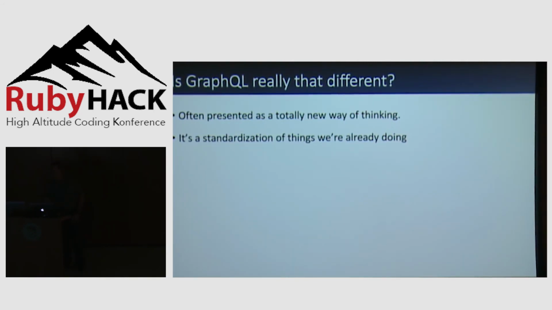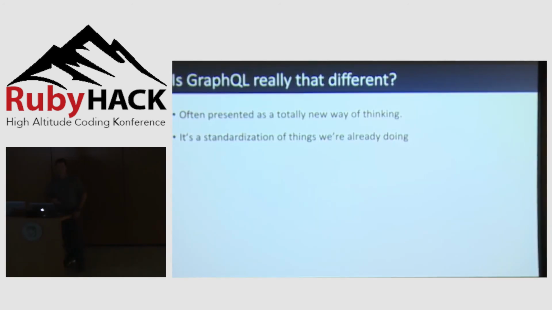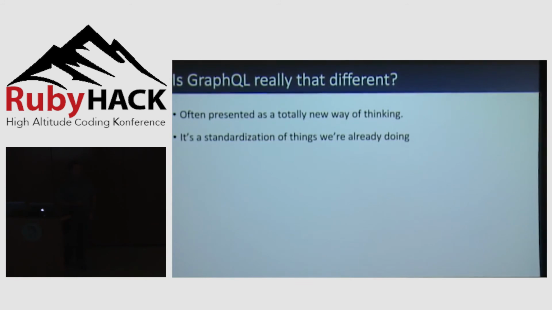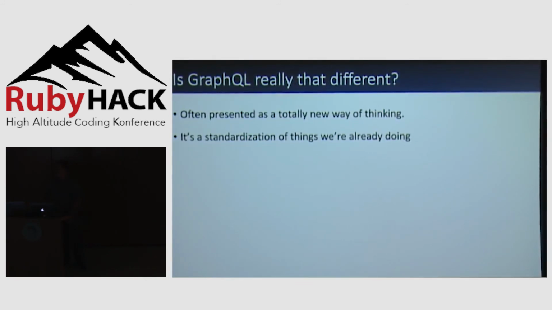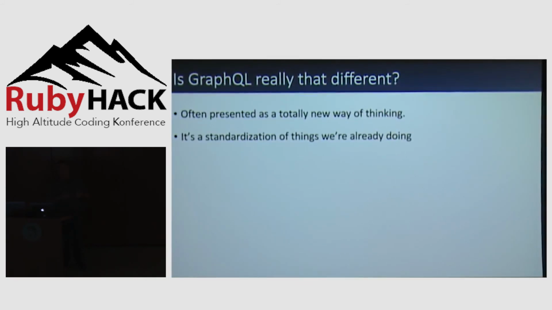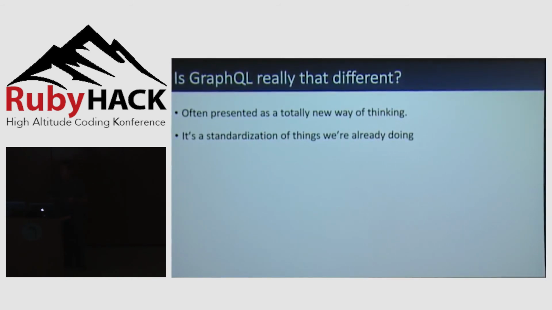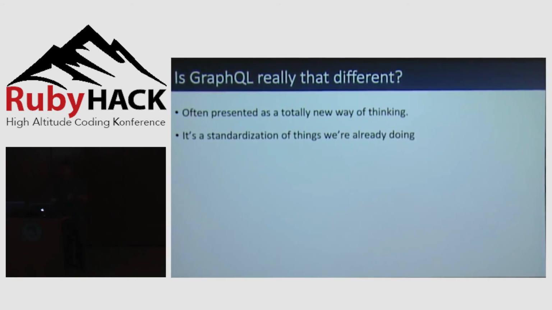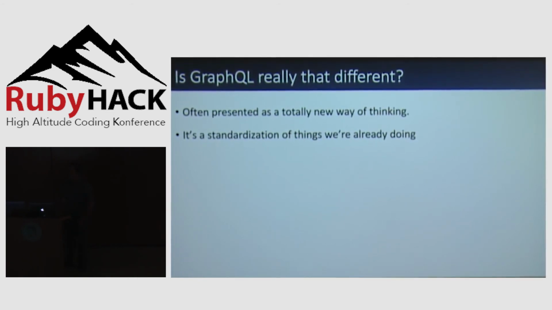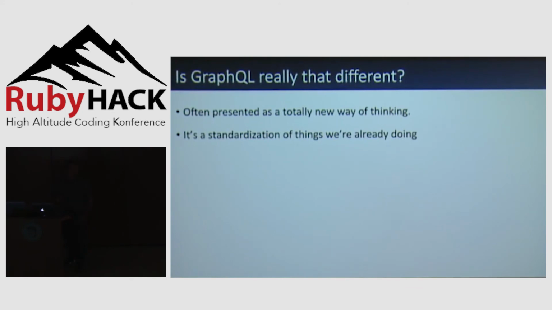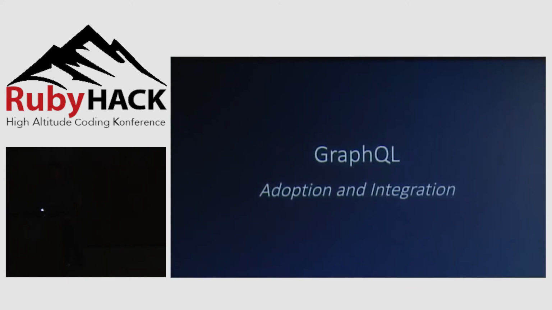In practice, GraphQL is just the standardization of things that we're already doing. It's similar to REST. It's another specification. It could be used alongside REST. It could be used as a thin layer on top of REST. So you don't need to rewrite any of your existing REST APIs. You can integrate GraphQL into your Rails application and use it as a thin layer on top of your existing internal APIs or third-party APIs.